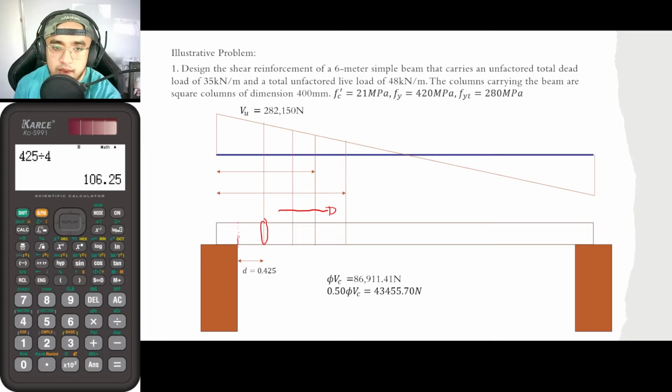But what about for the rest of the beam? Would we use 70 mm throughout? You could actually do that, but of course, it would be rather uneconomical. Let me repeat my statement: you can use the spacing of 70 mm for the entirety of the beam. It would be safe, but it would be inefficient.